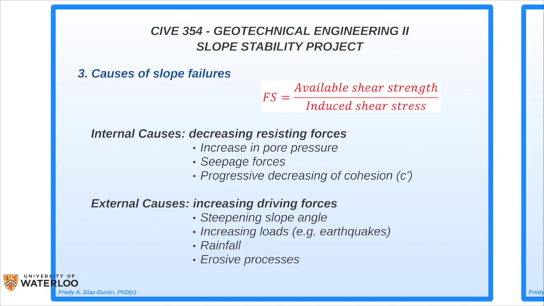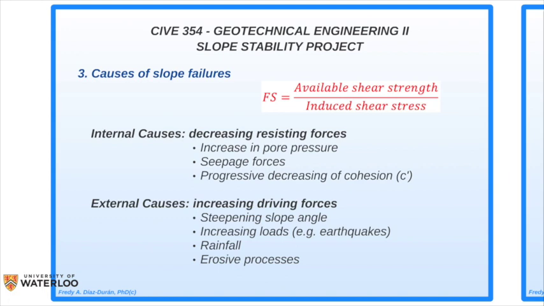It's like trying to differentiate which causes are associated with the shear strength and which ones are associated with the shear stress. The internal causes are related to the decrease of resisting forces, that means the shear strength, okay? And the external causes are related to the increase of driving forces, that means the shear stress, okay?